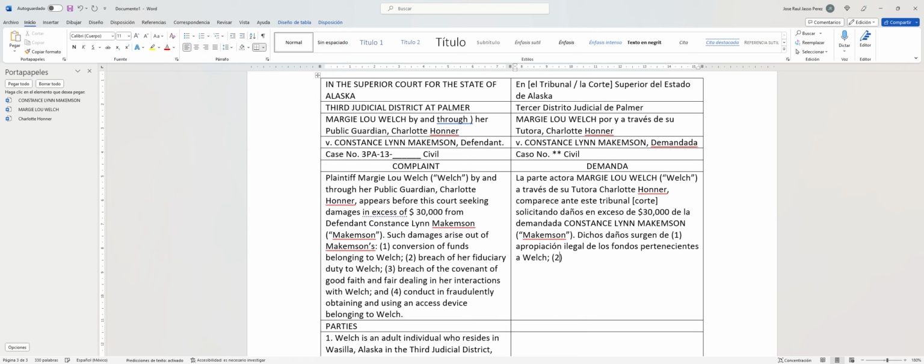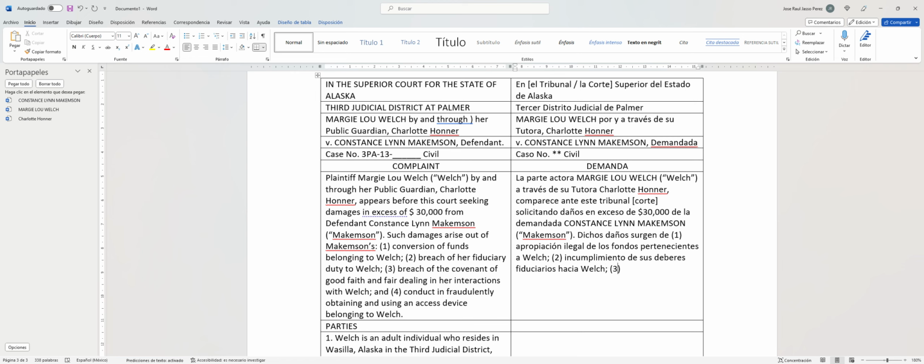Breach of her fiduciary duties. Incumplimiento de sus deberes fiduciarios hacia Welch. 3.